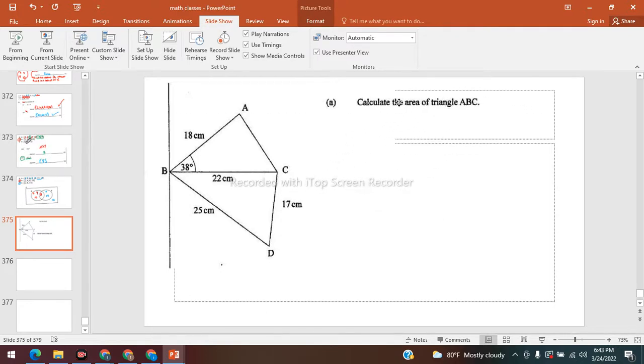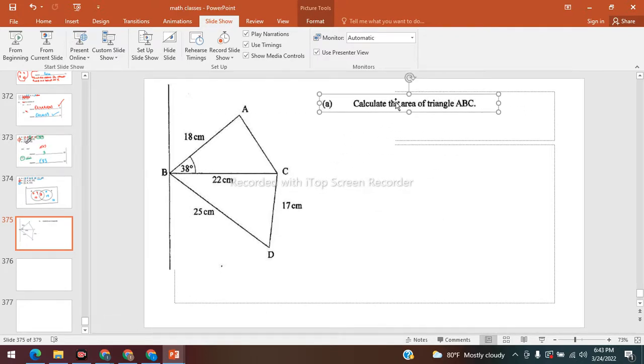Now triangle ABC is going to be which triangle? The top one. ABC is the name of this triangle. And they want us to figure out what is the area of the triangle.